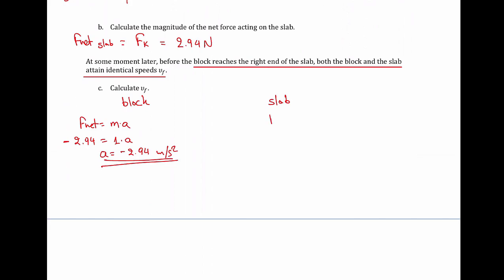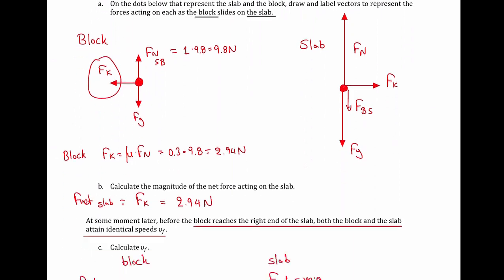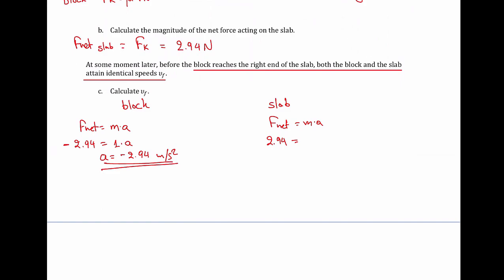In a similar way for the slab, we say that F net is equal to mass times acceleration. Again, the only force is the force of friction to the right, so it is 2.94 again. The mass is a little bit greater, it is 4 kg, multiplied by the acceleration, and if we divide by 4, this will be around 0.74 meters per second squared.